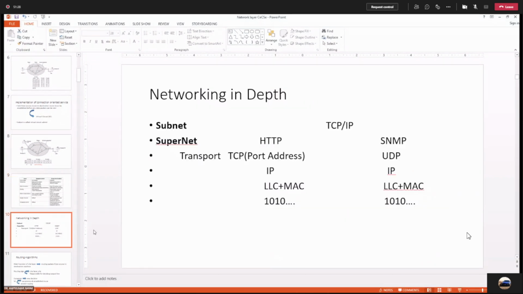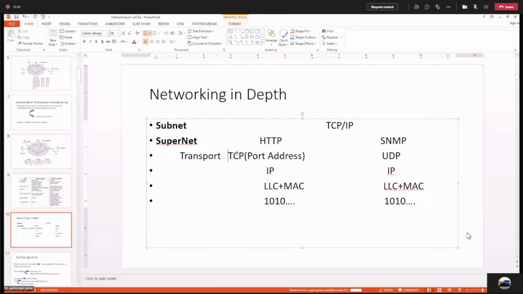And if you consider the TCP protocol and UDP protocol, which are responsible for defining whether the connection will be connection oriented or connectionless, then in the UDP protocol header only 4 or 5 fields are there, whereas in the TCP protocol header 8 to 12 fields are there.